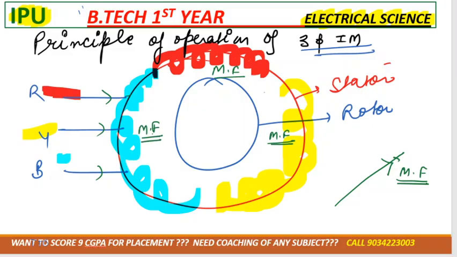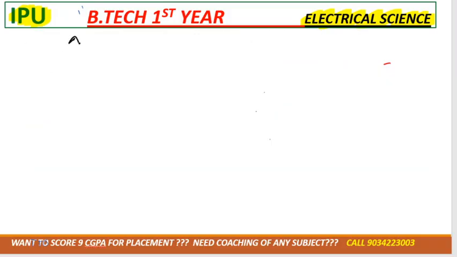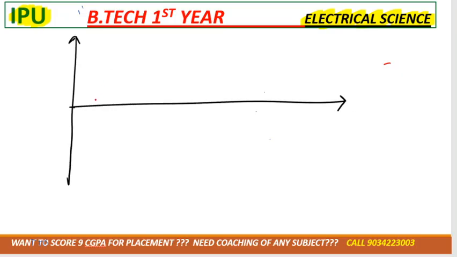Right? Clear? Now we are providing the three-phase supply. If you go into detail of the three-phase supply, one supply always starts from zero and changes its cycle at 180 degrees and completes its cycle at 360 degrees, right?